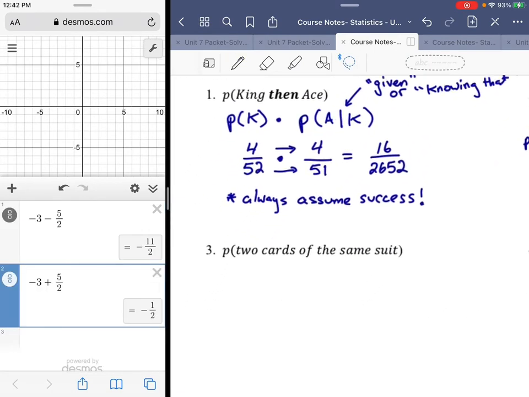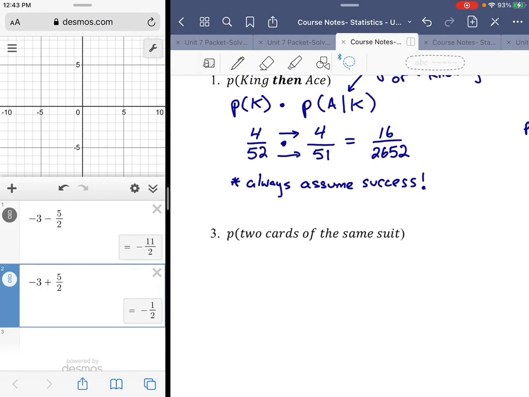So next up would be 2 cards of the same suit. As long as you know what a suit is, not the kind you wear, but in the deck of cards, and again, you've seen me try to draw them, you got a heart, and a diamond. This is going to be beautiful. A club, and a spade.